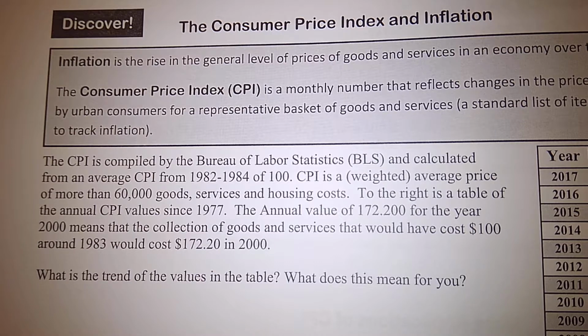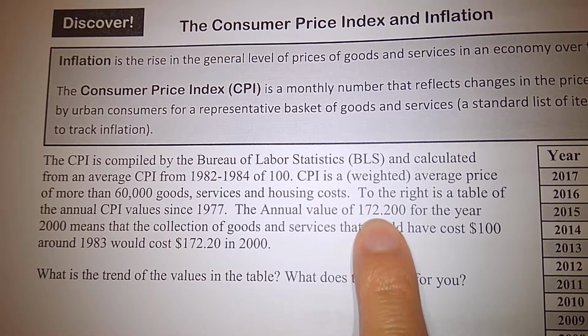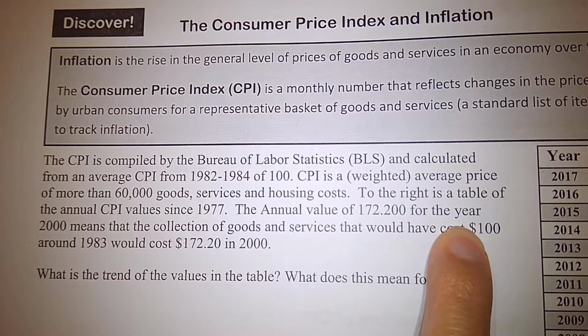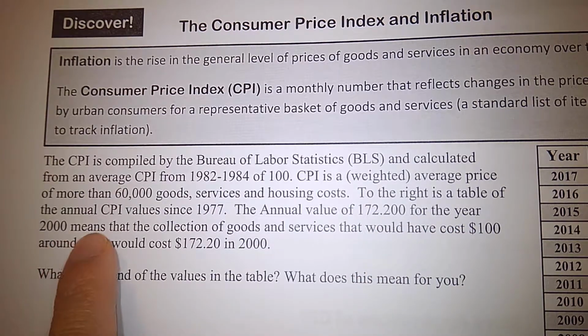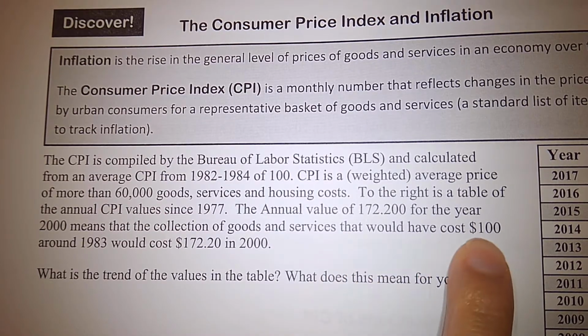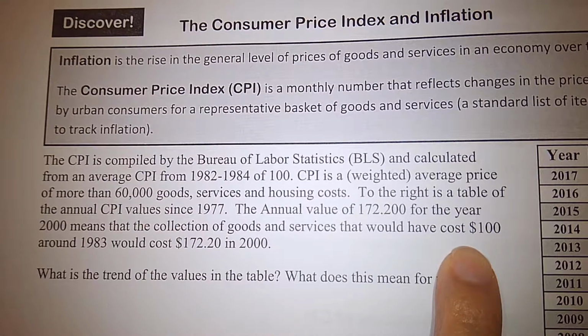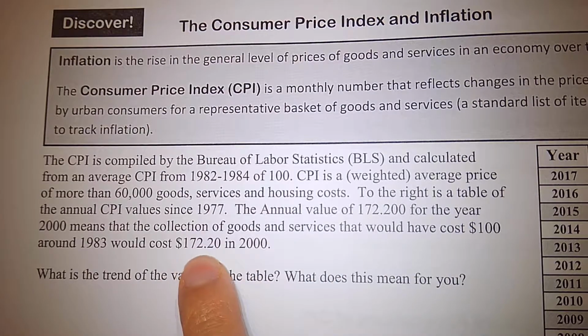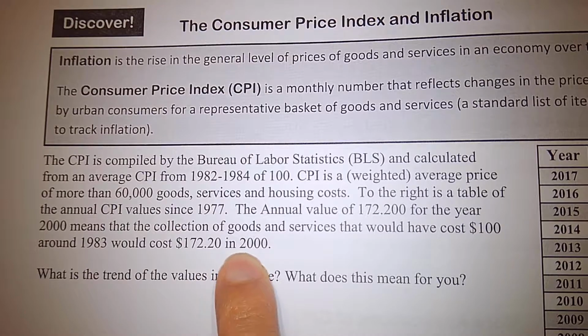To the right is a table of the annual CPI values since 1977. The annual value of 172.200 for the year 2000 means that the collection of goods and services that would have cost $100 around 1983 would cost $172.20 in 2000.